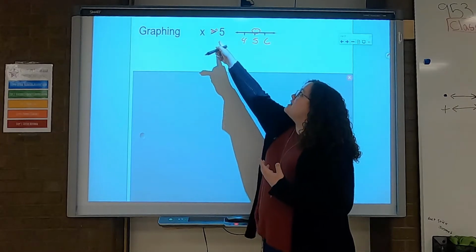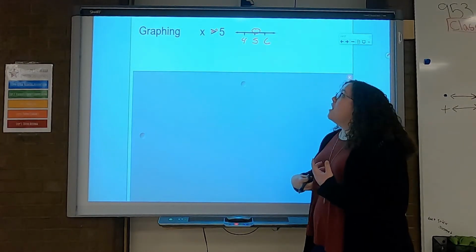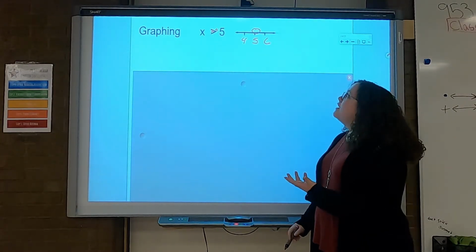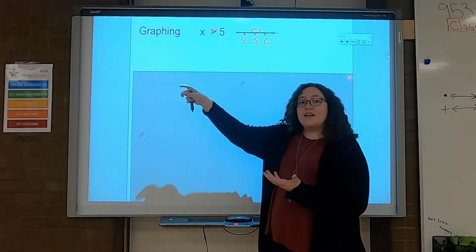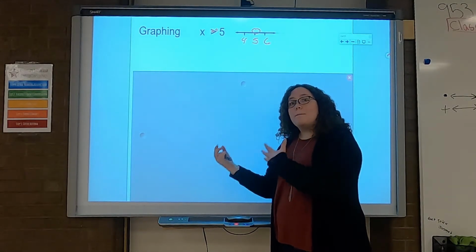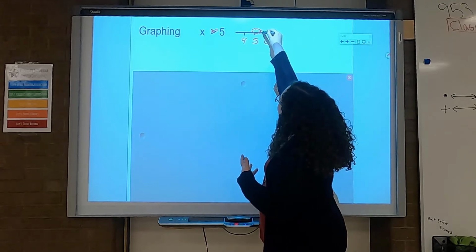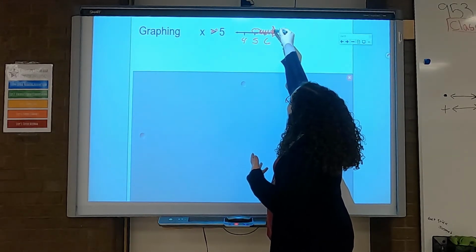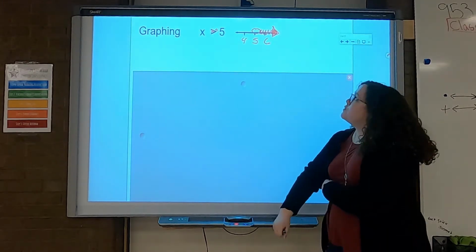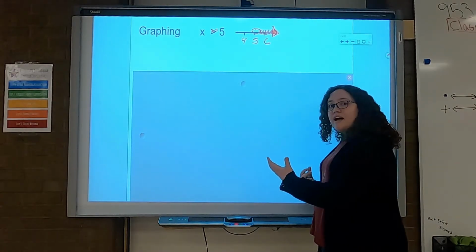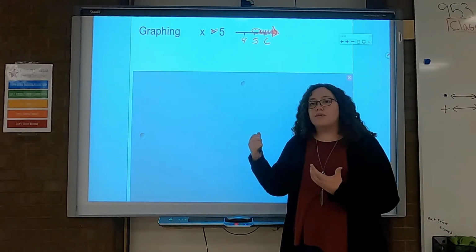Well, no, because this one doesn't have a line under it. It means it's not included. It just starts at 5. Now, X has the gator looking at it, which means X is going to be bigger. So we're filling in this direction. There we go. Which means anything that's bigger than that 5 is going to be an answer for this inequality.